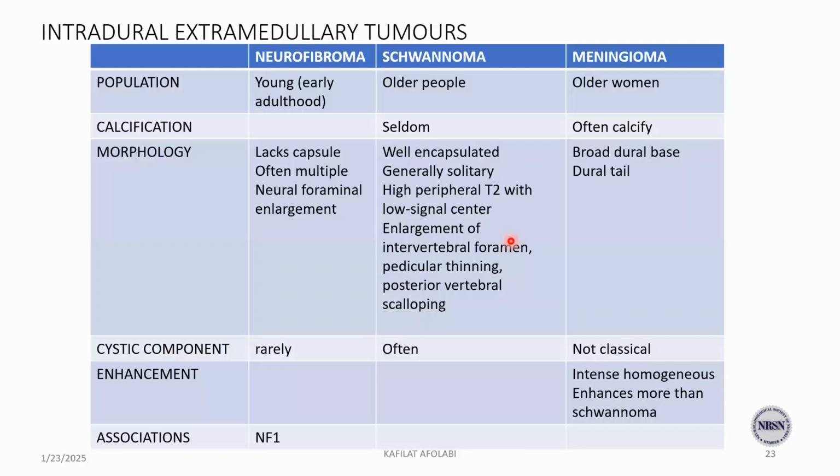Now I go to a summarized slide on these three most common groups. So for population, if it is young patients, most likely neurofibroma, thinking neurofibroma; older patients, schwannoma. If it is older women, usually meningioma is commoner in women.